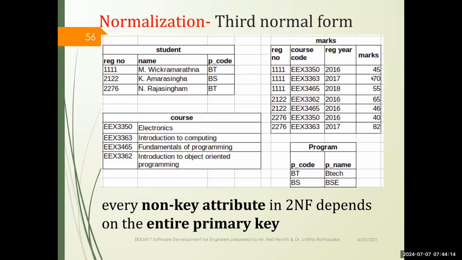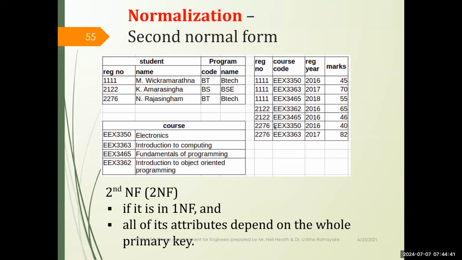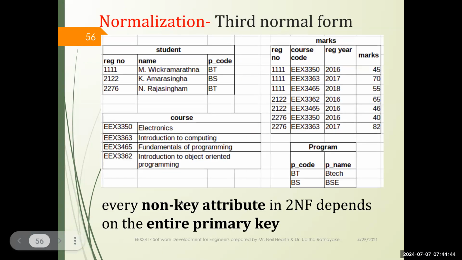All these things are changed. In first normal form, we have to enter electronics 1 in every place, but even if we change it, these are not changed; we can keep them the same. Every non-key attribute in second normal form depends on the entire primary key. Non-key attributes are this one.